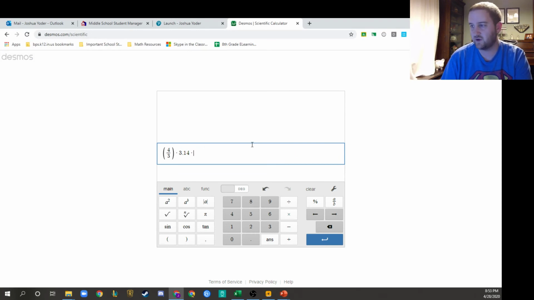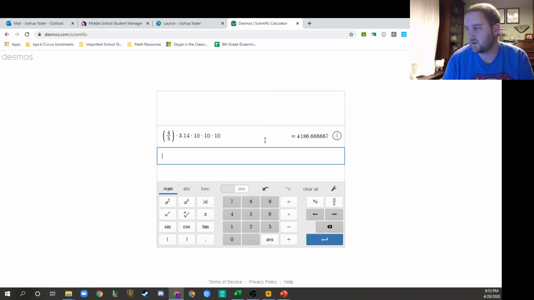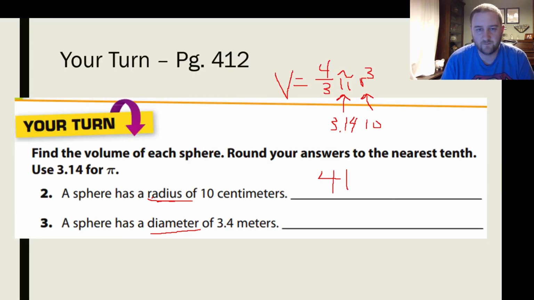We're going to change our radius now to 10, so it's going to be 10 times 10 times 10. And you can see we get 4,186.6, but after the 6 is another 6, so that rounds it up to a 7. So it's going to be 4,186.7.